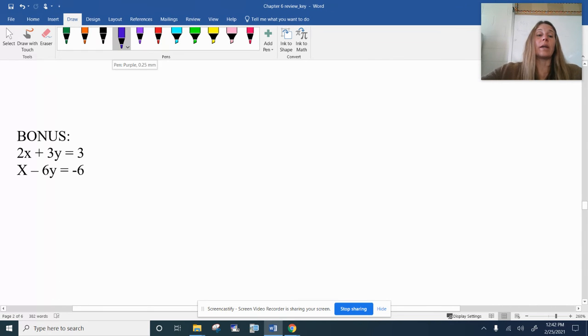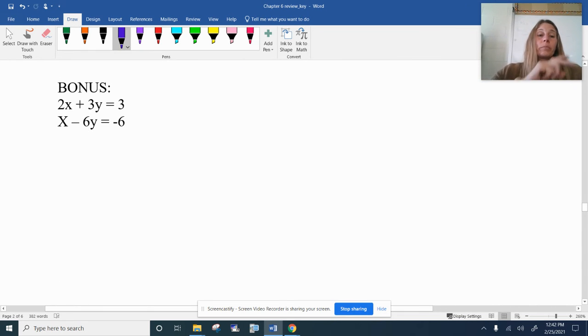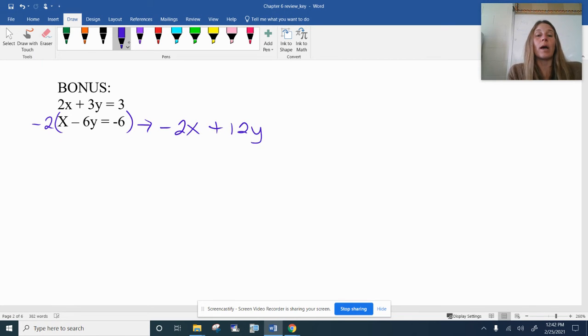All right, then the last one down here, this bonus one, we can use any method we want. Let's see, I see there's a +2 here and just an x. So for me, the easiest thing to do is just multiply that second equation by that -2. So now I have -2x +12y equals +12.